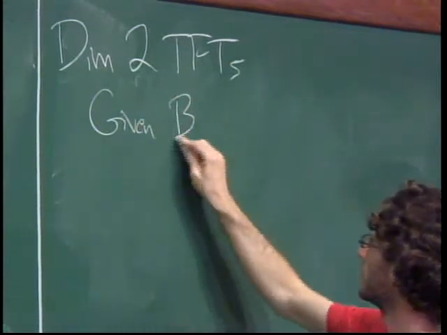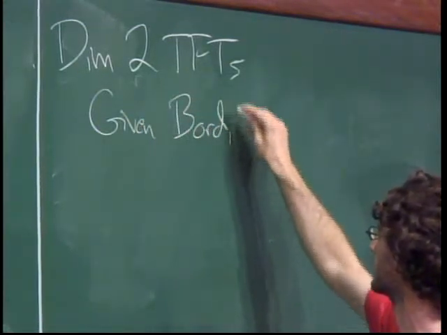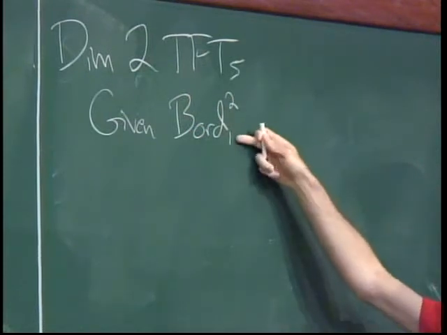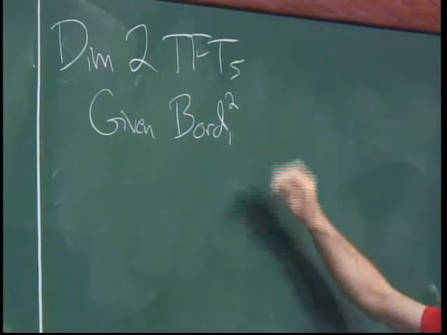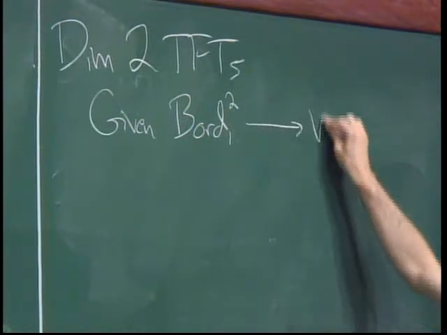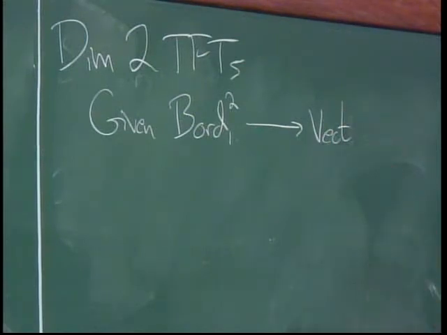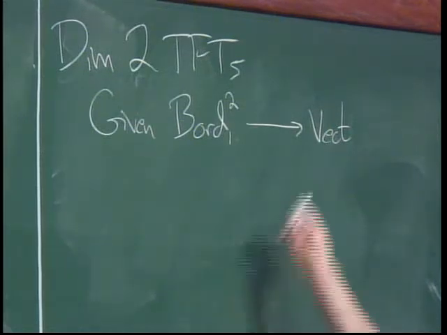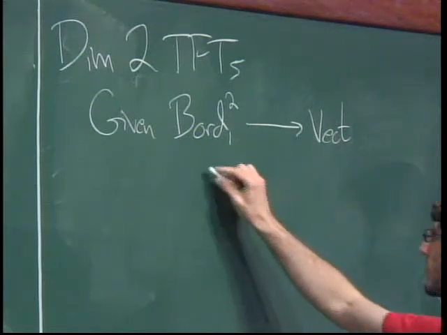What's a two-dimensional TFT? Well, by definition, we're looking at the Bordism category whose objects are one-manifolds and whose morphisms are two-manifolds, and we're looking at symmetric monoidal functors to Vect. So let's think about what kind of information this gives us.